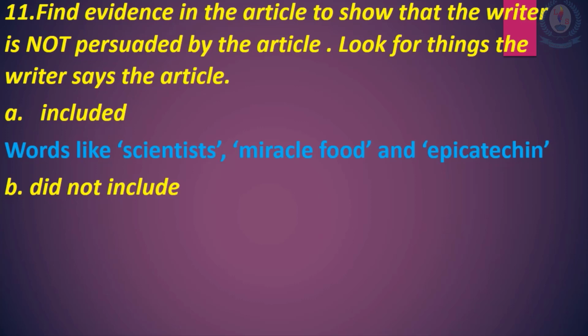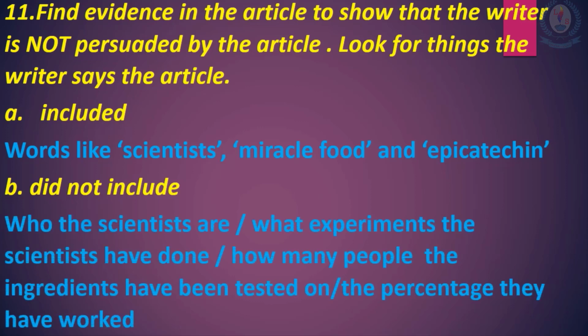They are included in the article. And these are not included in the article: who the scientists are, what experiments the scientists have done, how many people the ingredients have been tested on, the percentage they have worked. You can write these.